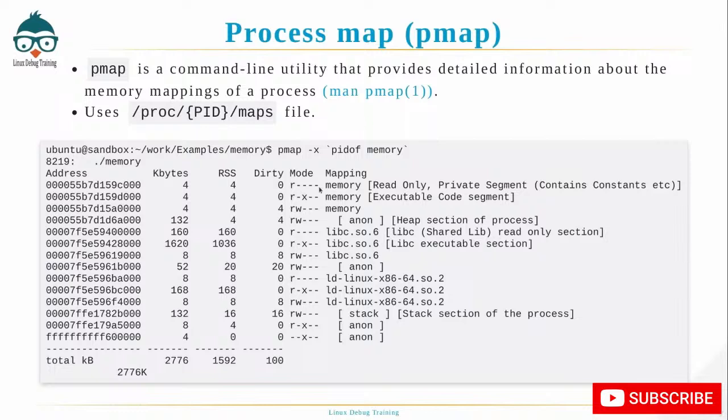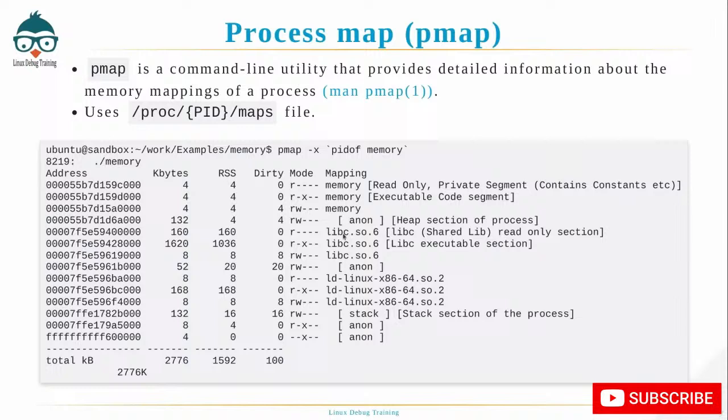Furthermore, the read-only segment of the memory program represents the program's private section containing constants, etc. The read executable segment represents the executable code segment. The anon section here represents the heap segment of the process. I referred to the maps file to confirm the heap segment.